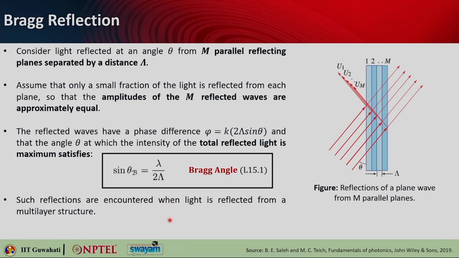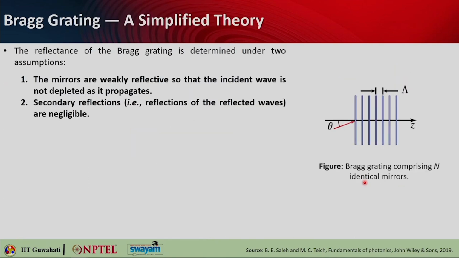Now, such reflections are encountered when light is reflected from a multi-layer structure, and remember that theta is defined with respect to the parallel planes. The reflectance of a Bragg grating is determined under two assumptions.